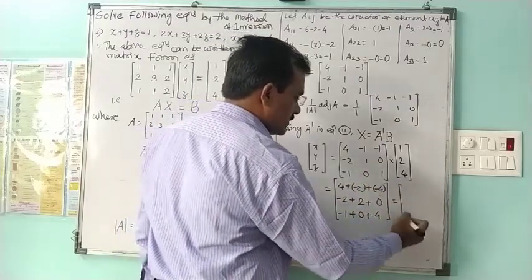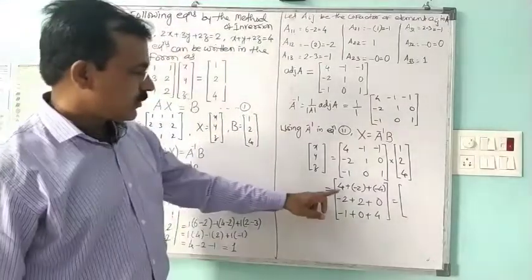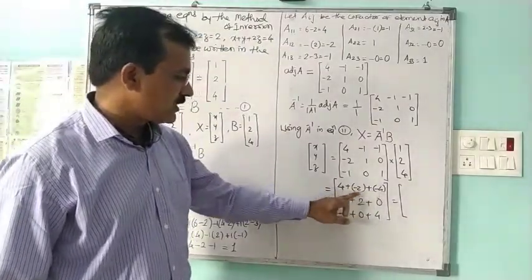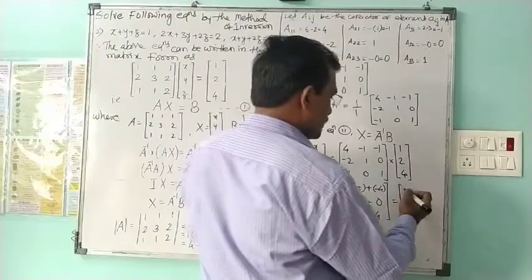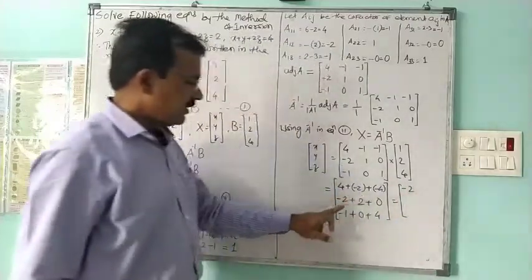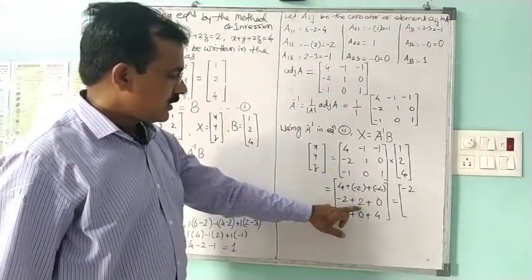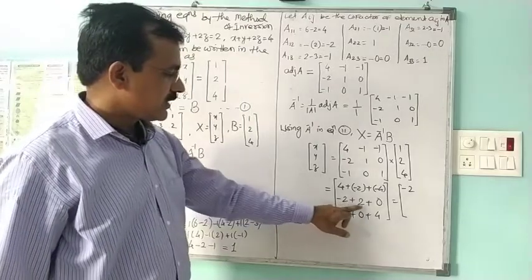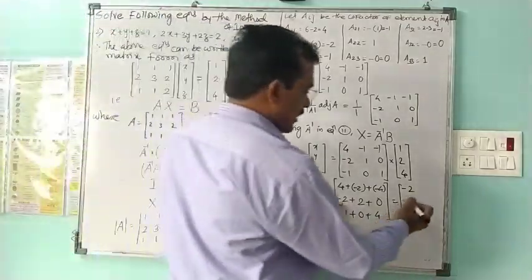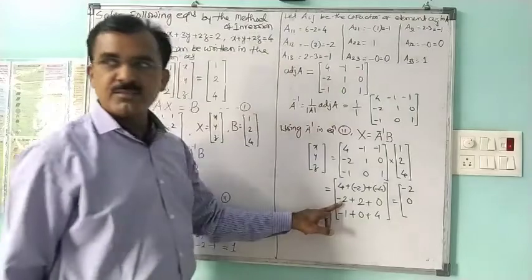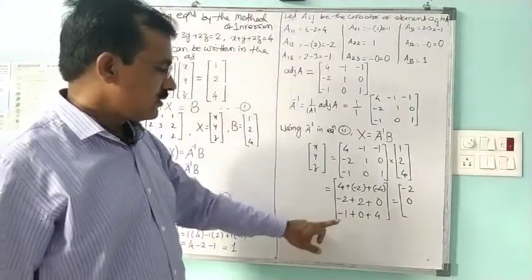So the actual values we are having: plus 4 minus 4 will be cancelled, and we will have minus 2 in the first position. Plus 2 and minus 2 in this case can be cancelled, and the middle number in the end we are having is 0.